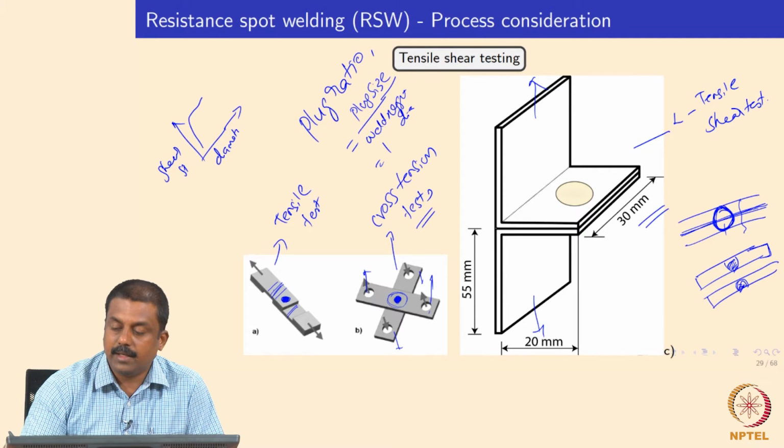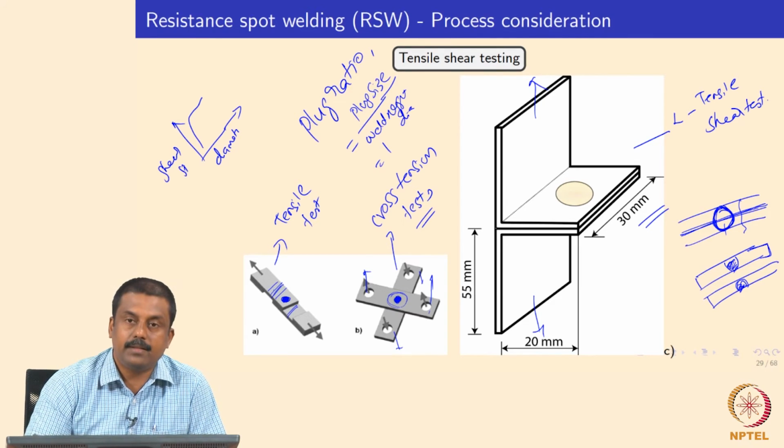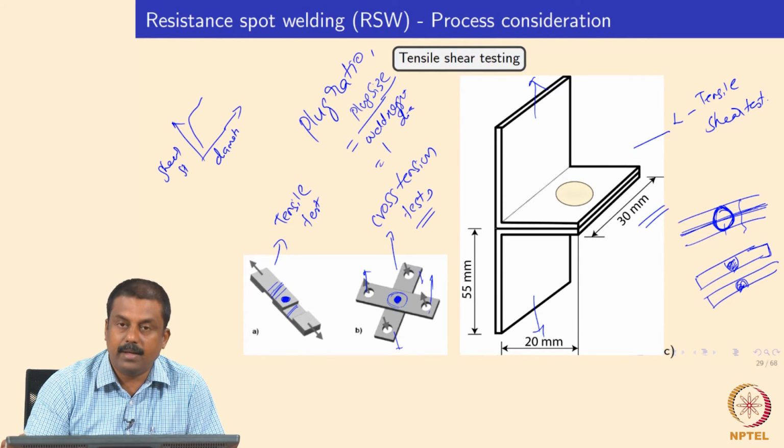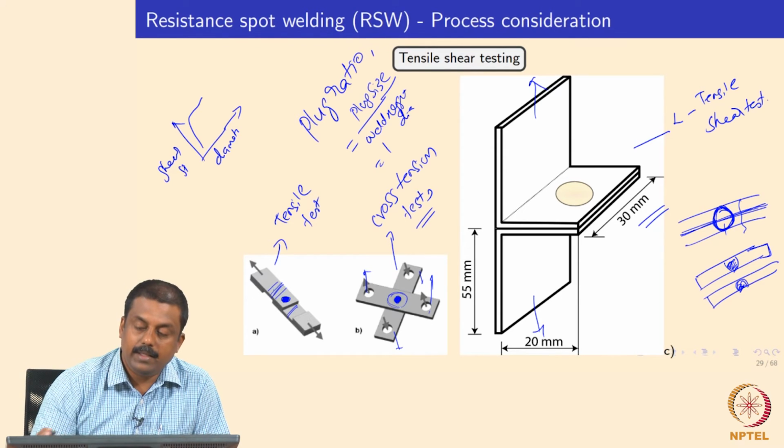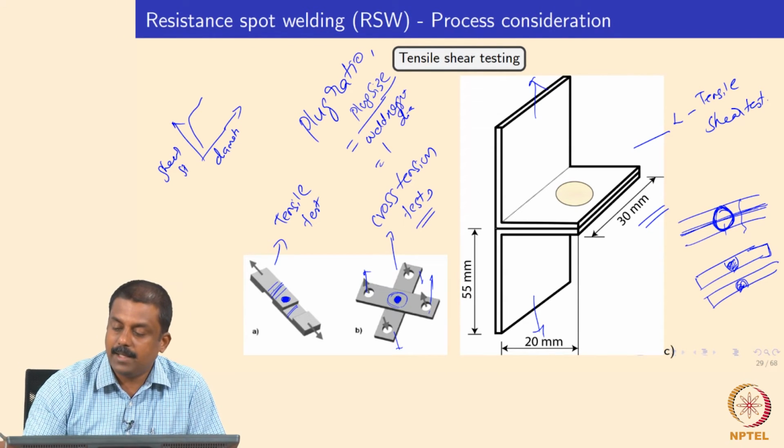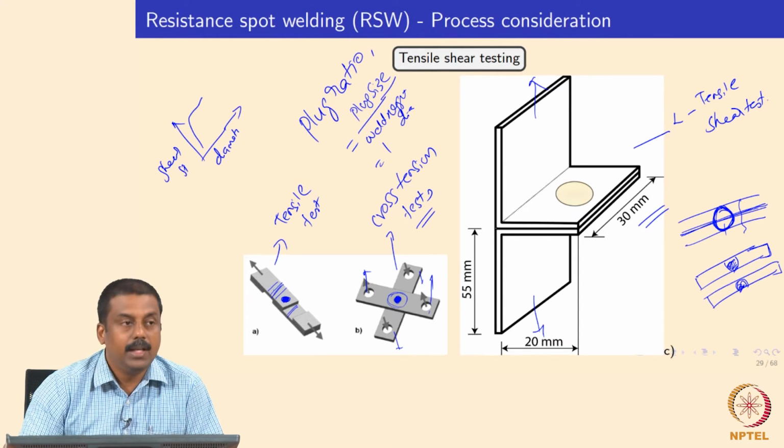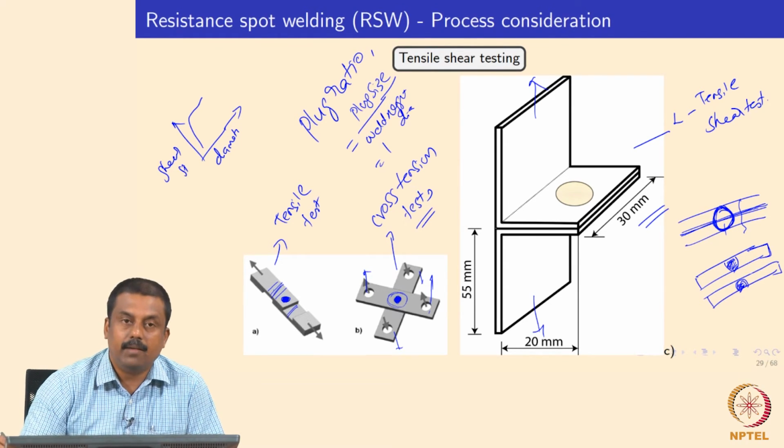In that case the material is so brittle after welding that it causes a complete failure of the interface during the cross tension test, and your plug ratio becomes 0. That is the most detrimental case, because your weld does not undergo any deformation or survive the test, leading to a complete interface failure.